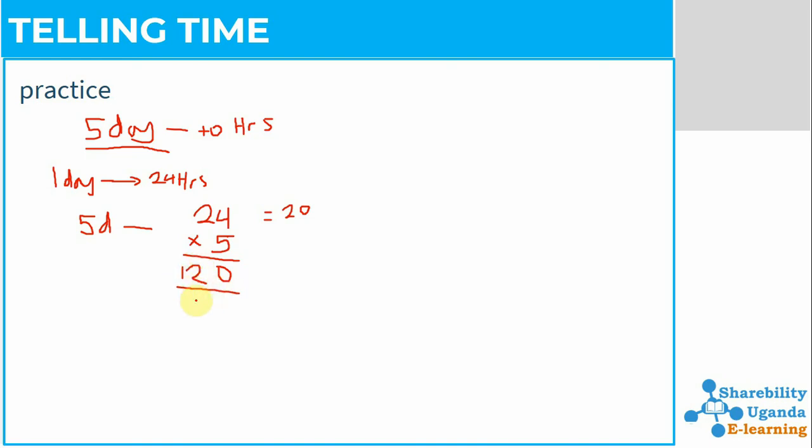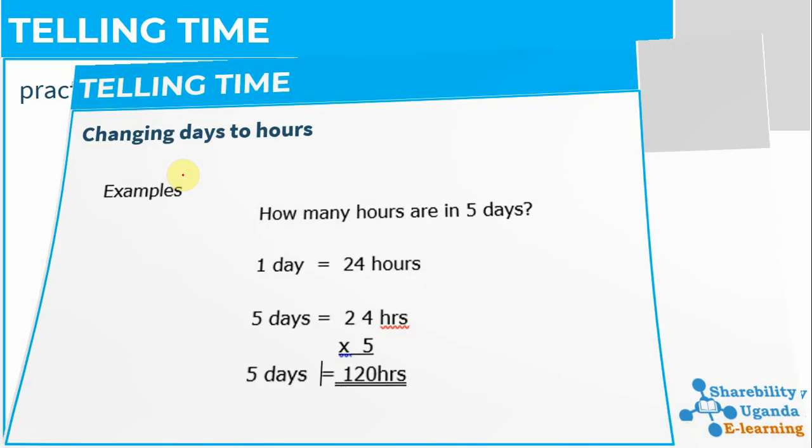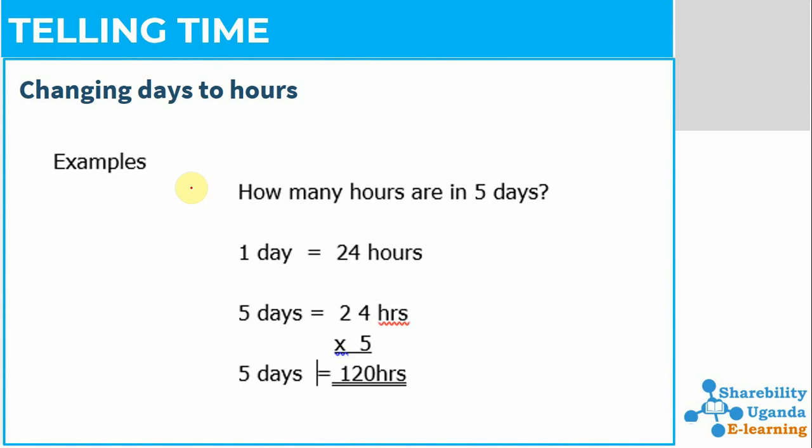So the product of 5 and 24 is 120. So when they ask 5 days to hours, we shall be having 120 hours.